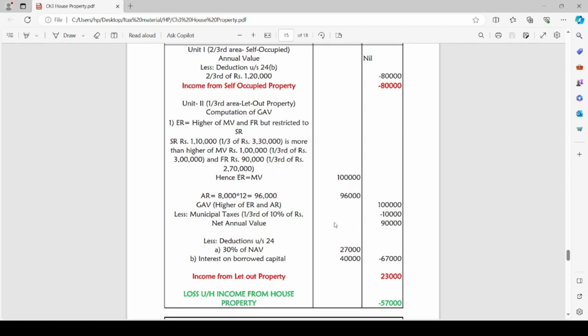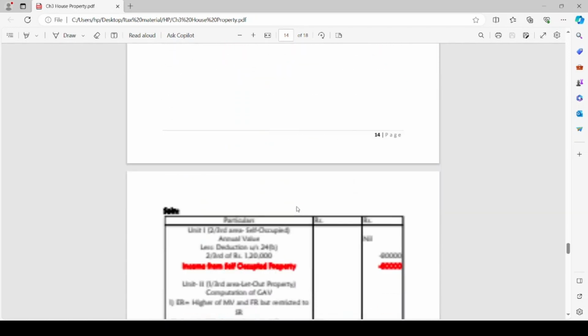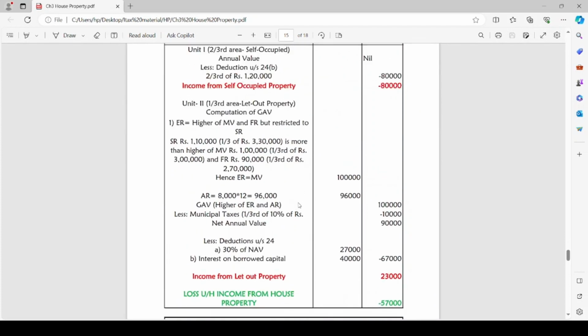Coming to the actual rent. The actual rent is paid rupees 8,000 per month. So 8,000 into 12 months is rupees 96,000. Here we are not apportioning the rent since the rent of rupees 8,000 is paid by the tenant for only the 1/3 let out portion.